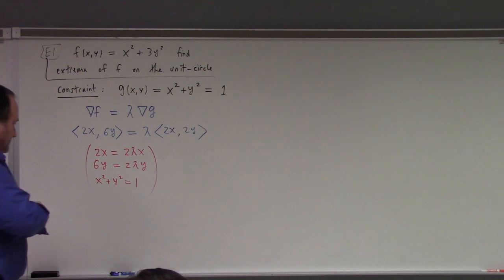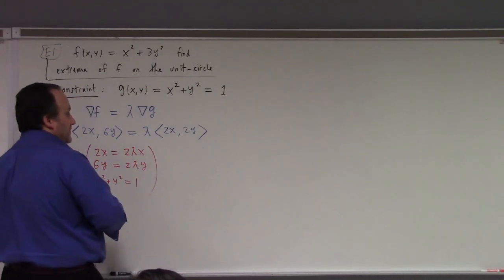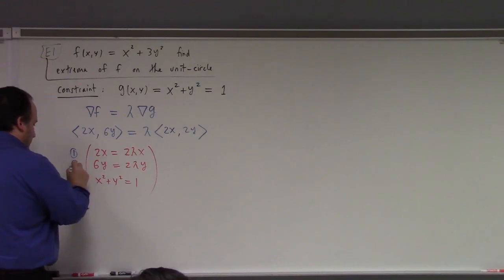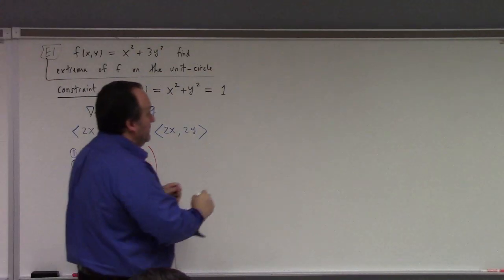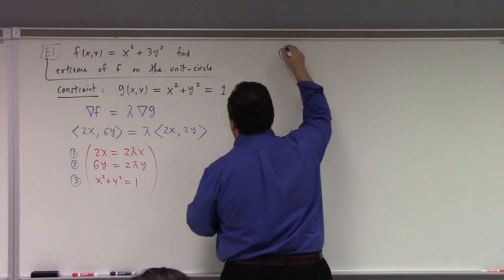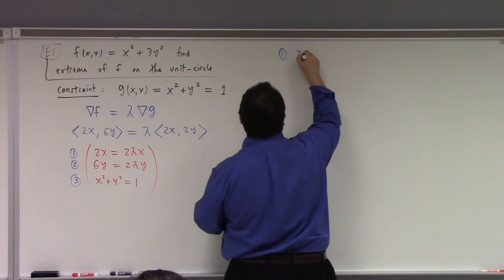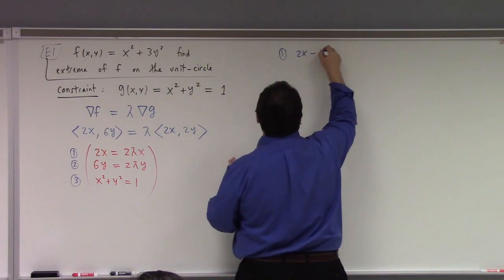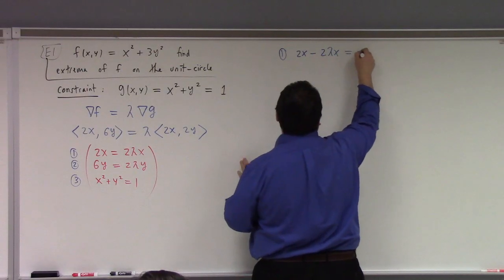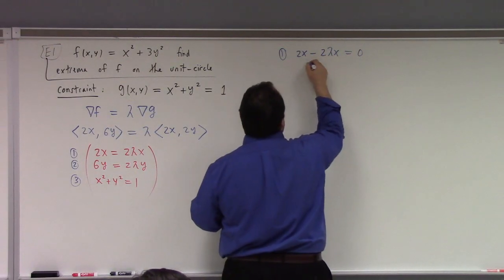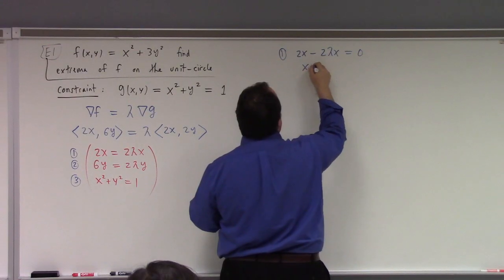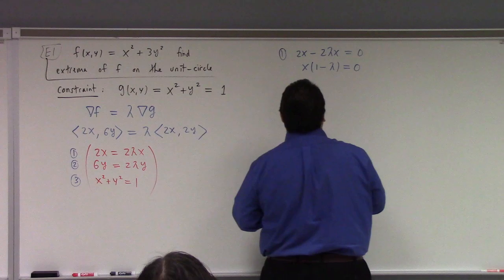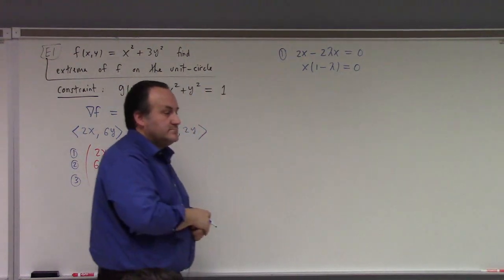So here's what I'll do. I will use factoring. Let me call these equations 1, 2, and 3. So equation 1 can be rewritten as 2x minus 2 lambda x equals 0, which simply gives me x times (1 minus lambda) equals 0, right? Do you guys agree?